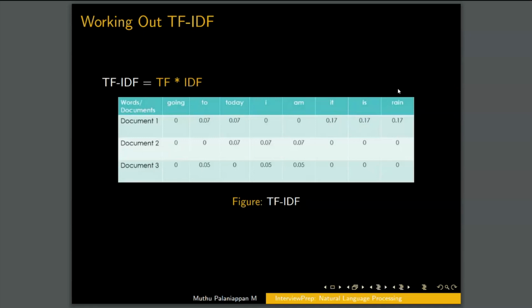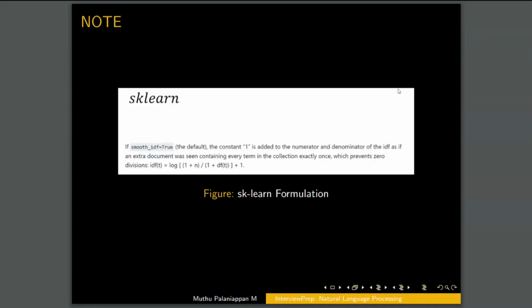There's something to tell you. In sklearn, since we are mostly dealing with sklearn packages, they use a slightly different formula. They add a constant term 1 to the inverse document frequency, because they don't want the zero division error. So in order to prevent the zero division error, they add one single constant 1 to the inverse document frequency.